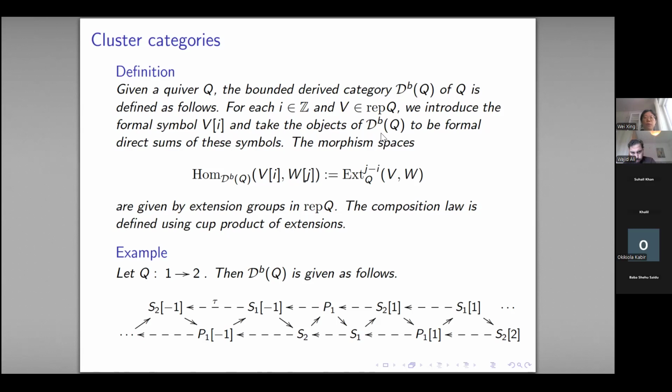And such symbols and also their direct sums will be the objects in the bounded derived category. And the morphism spaces are given by the following, which is, if you know about it, the extension group between two representations, V and W, of certain degree. And the composition law of morphisms is given by the cup product of extensions.